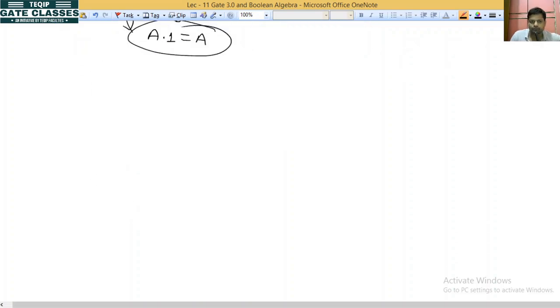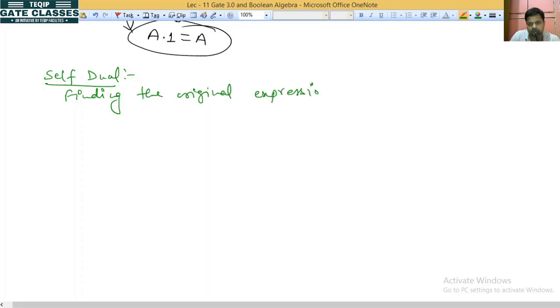Now the next concept is self dual. What is self dual? Finding the original expression after one time dual is called self dual, okay?